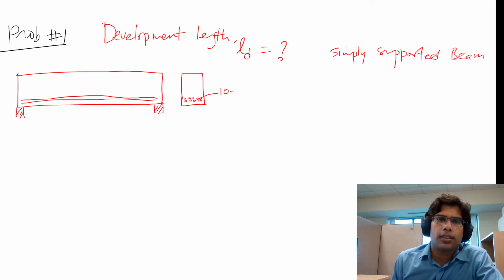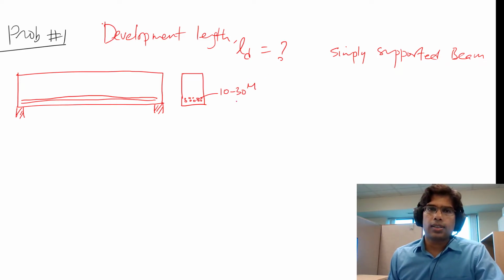So total 10 30-millimeter bars. This 10 30-millimeter bars is designed for the moment. It's sufficient for the moment.